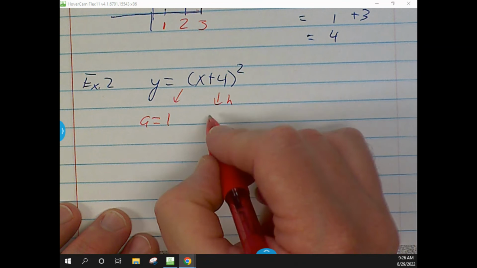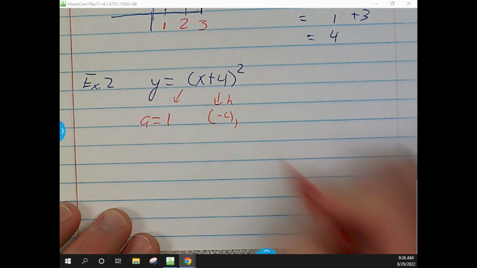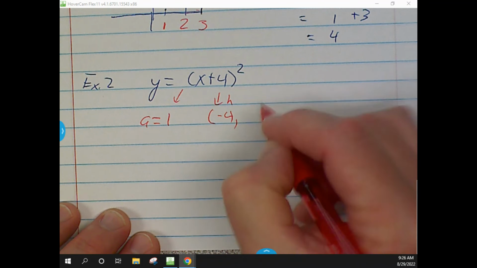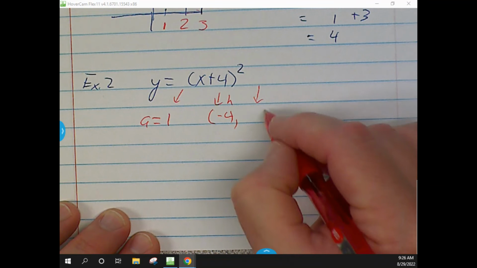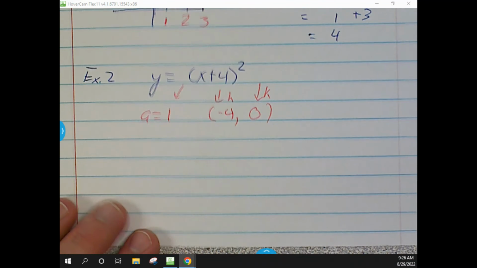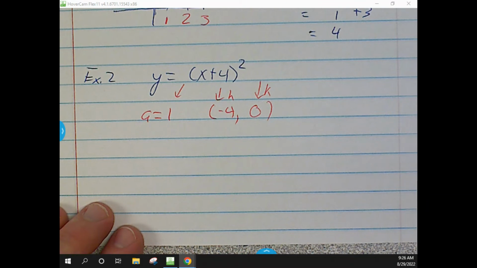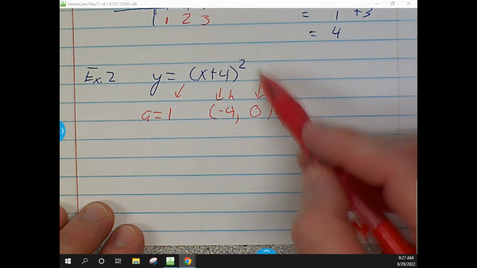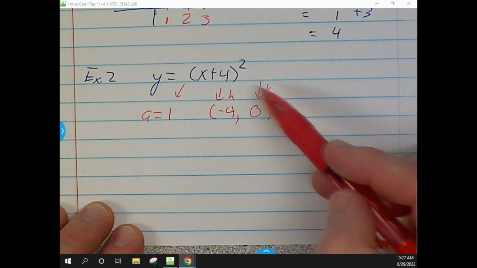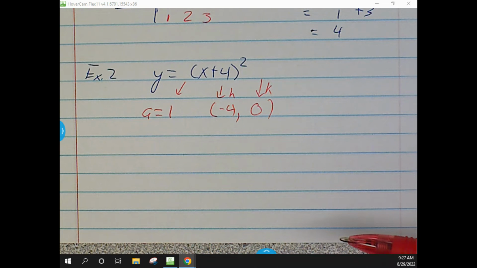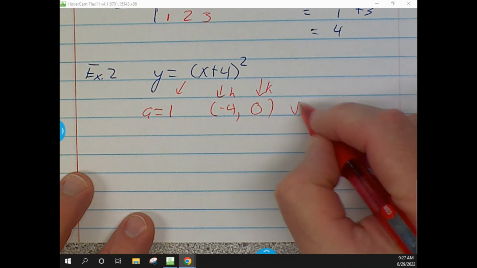H on the inside, again, we're going to change it from positive 4 to negative 4. There's nothing back here behind it, though, correct? So if there's nothing there, it's a 0. So you always need an inside number, which is your H value. You always need an outside number, which is your K value. If one of those happens to be missing, then that means that particular value is worth nothing. So it's a 0. Okay, so there's a vertex.